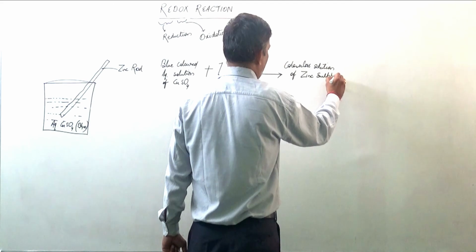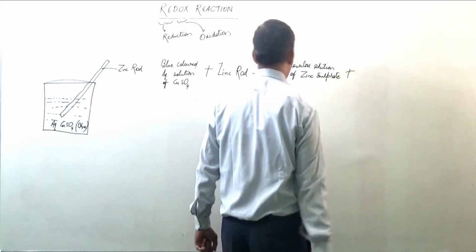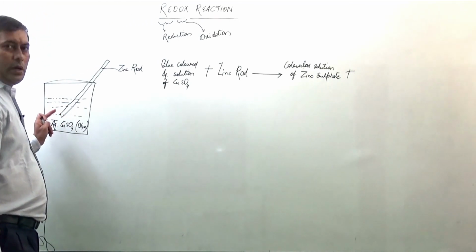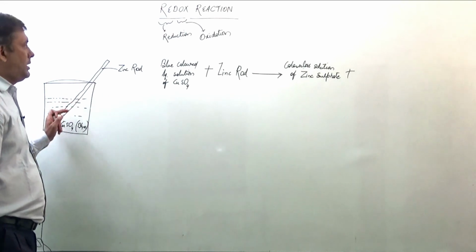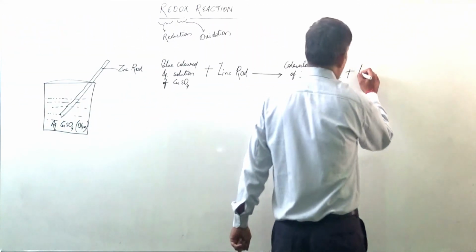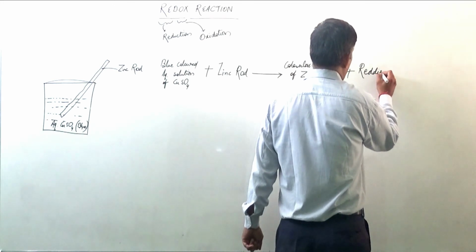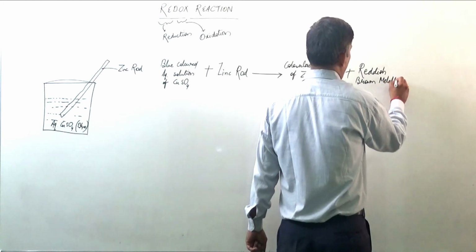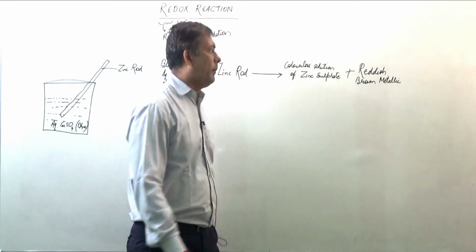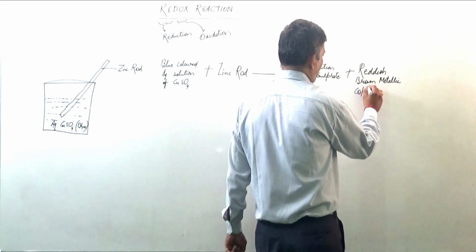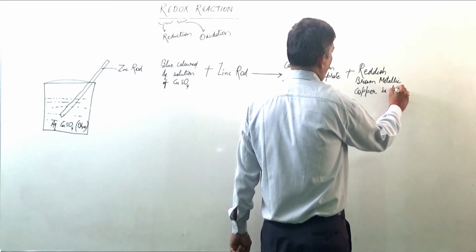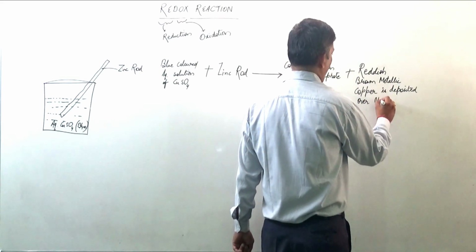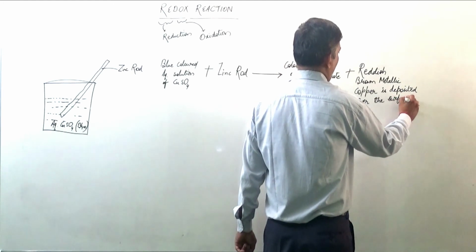Zinc sulfate means ZnSO4. And the second observation is that there is a deposition of brown colored particles over the surface of the zinc rod, a reddish brown metallic copper. The brown colored substance is metallic copper, deposited over the surface of the zinc rod.